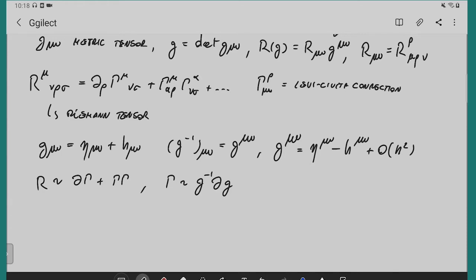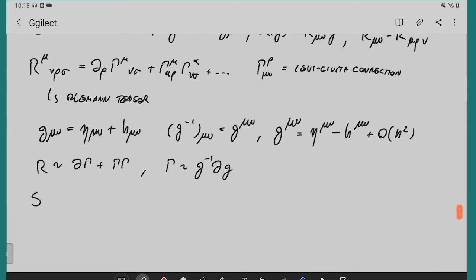So when you write down the expanded action, as an action of a field h, you will get something like this. Schematically, again, I don't want to write all the indices.